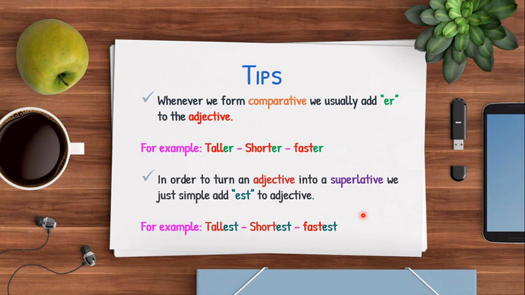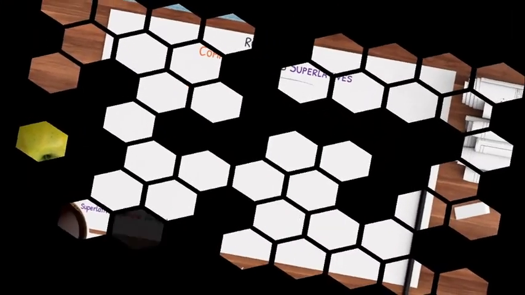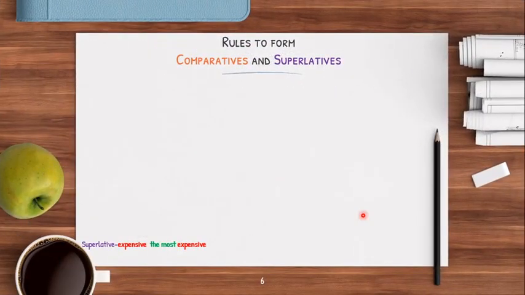If you got this, you will understand what comes next. So please pay close attention to the spelling of the words we're going to be using here for the comparative and superlative.